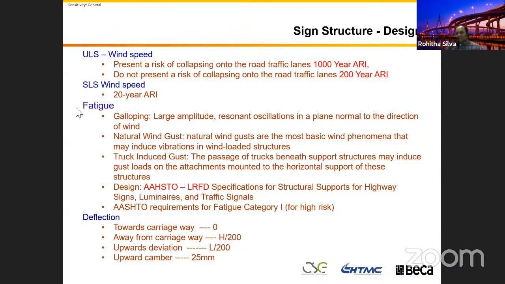So that is why you need to pay big attention to your sign structure fatigue design. This code describes in detail how you're going to detail, how you're going to check each and every element in the sign structure design. I will share this design code with you, then you can look at it in detail.